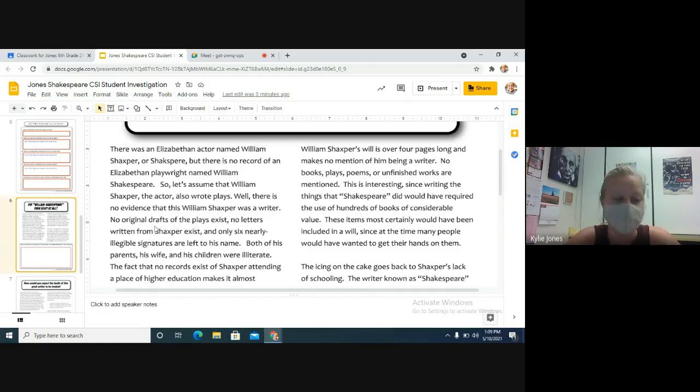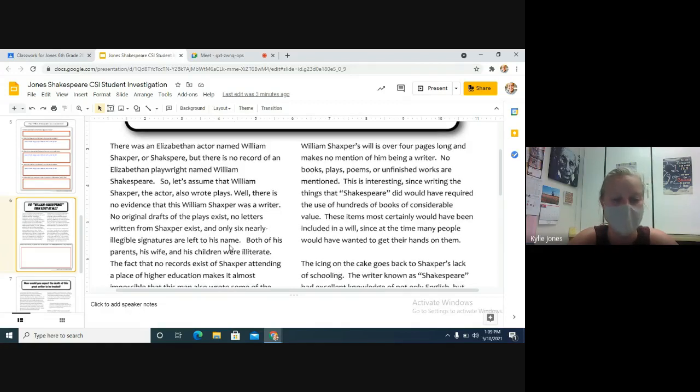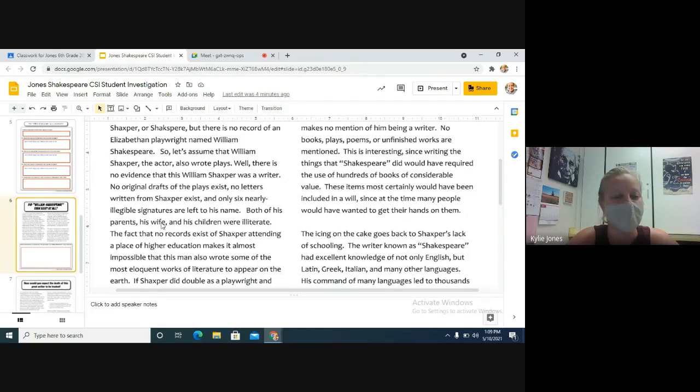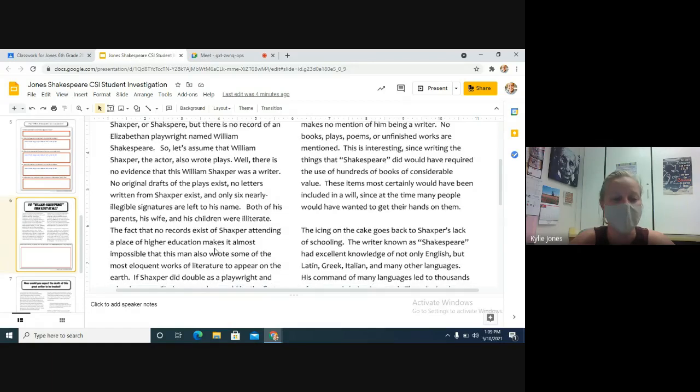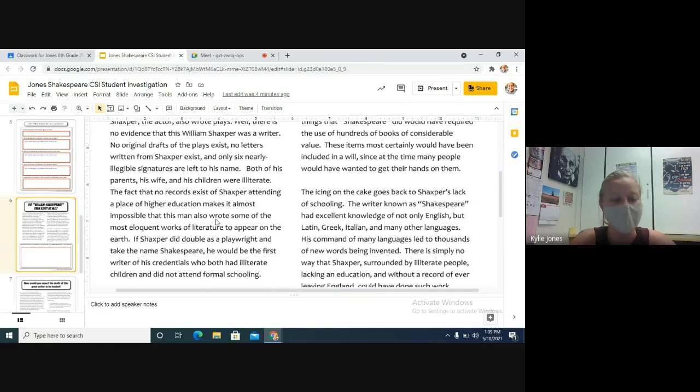No letters written from Shakespeare ever exist, and only 6 nearly illegible signatures are left to his name. Both of his parents, his wife, and his children were illiterate, which means they could not read or write. The fact that no records exist of Shakespeare attending a place of higher education makes it almost impossible that this man also wrote some of the most eloquent works of literature to appear on earth.